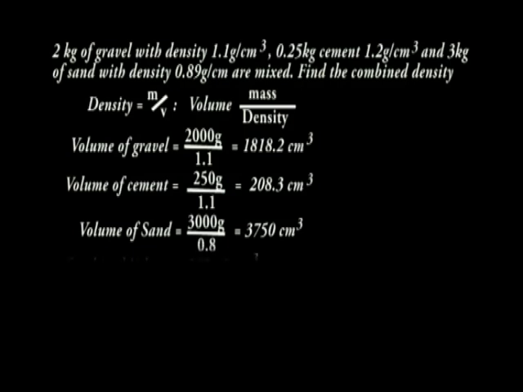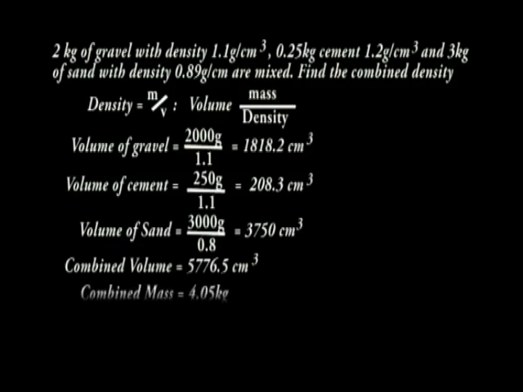The combined volume is 5776.5 centimeter cubed. Combined mass is 4.05 kilograms. Density is 4050 grams over 5776.5, giving us 0.7 grams per centimeter cubed.